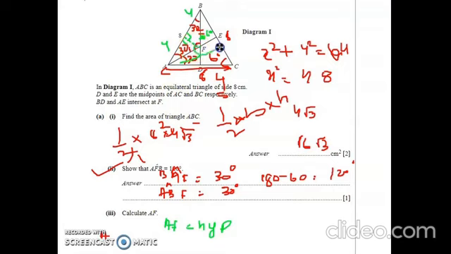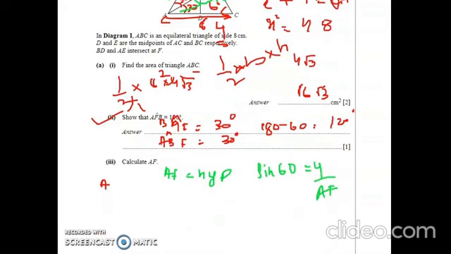This angle is 60, and on its opposite there is 4. So we can say that this is our opposite. So we can use sine. Sine 60 equals opposite upon hypotenuse, and we need to find AF. So basically AF will be 4 upon sine 60.